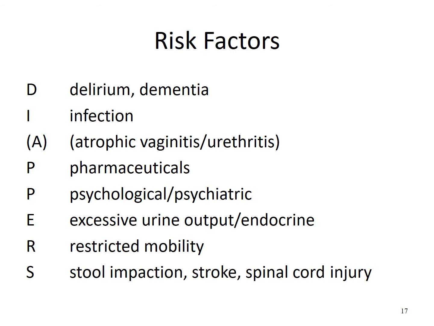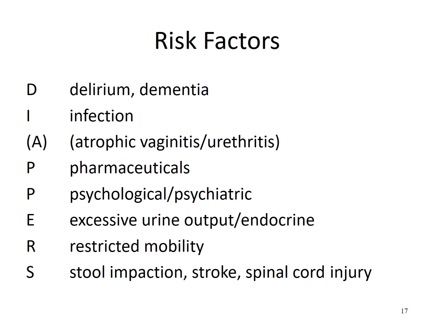It's meant to be easy to remember, so they've used the word diapers. However, they're switching it to dippers, as there's not a lot of evidence right now that atrophic vaginitis increases your risk. It's common in older women who have incontinence, but it's not clear that that's the cause.